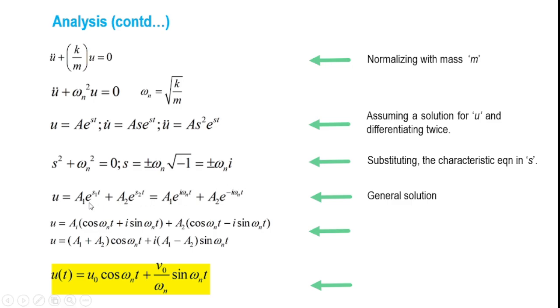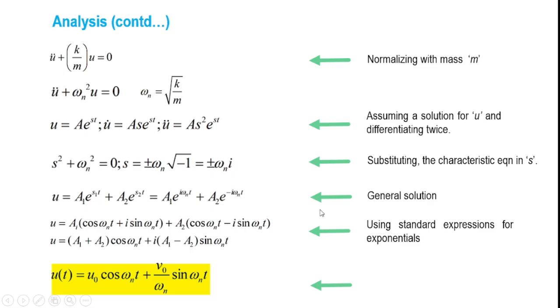So this means that substituting s1 equal to plus omega n i and s2 equal to minus omega n i provides us the general solution of the form u equal to A1 into e raised to i omega n t plus A2 into e raised to minus i omega n t.